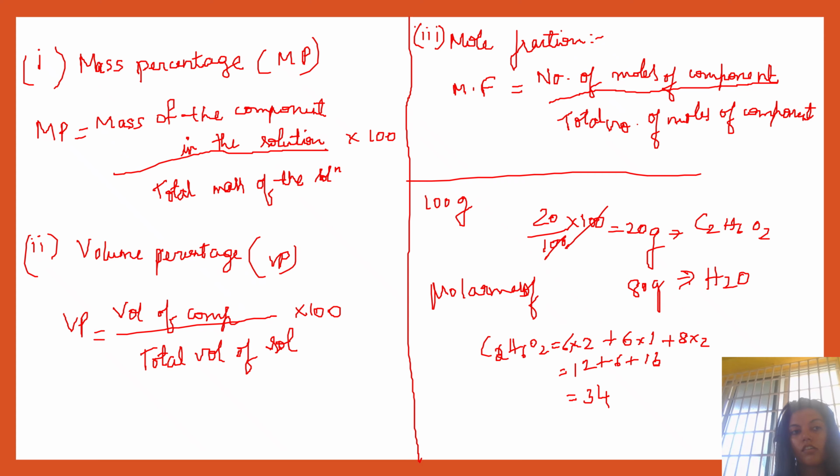Oh, sorry, I made a mistake. I took the atomic number. We should take the atomic mass number for molar mass. Okay? Don't make this mistake. This is wrong.